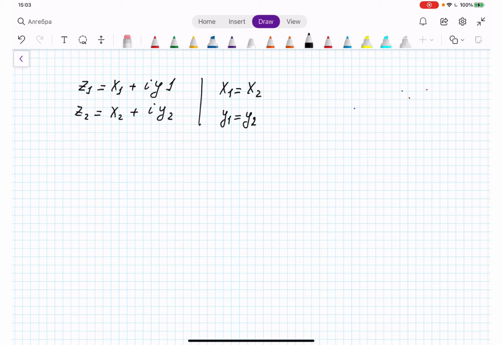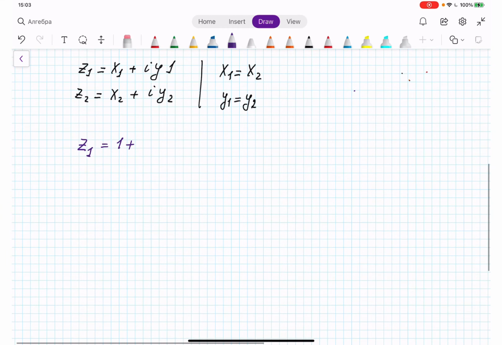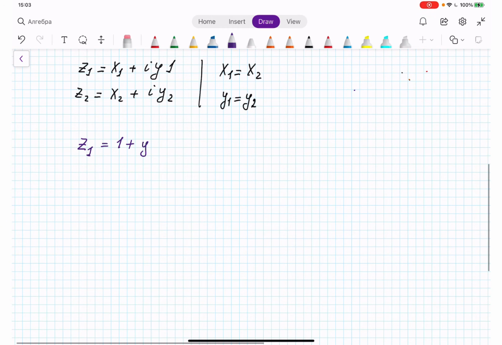Okay, let's take an example. z1 is equal to 1 plus i y. Let me put this one as an index.